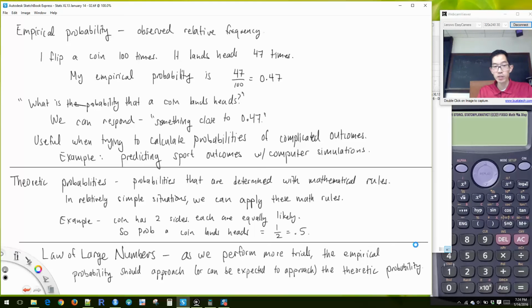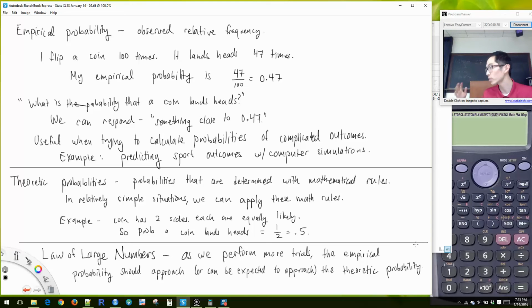Okay, and this is how casinos stay in business. This is how the insurance companies stay in business, because they create their games. Casinos create their games based on theoretic probabilities. Insurance companies base their premiums on theoretic probabilities, and so as more and more people play the casino games, sure, you might have a few people who get lucky and, quote, win big, causing the casino to lose money.